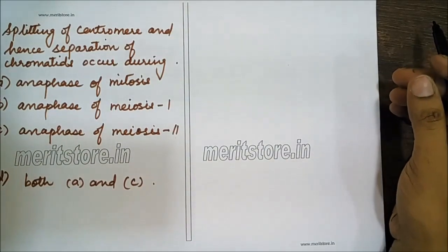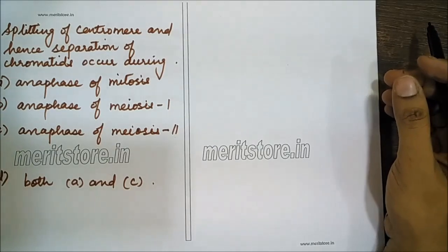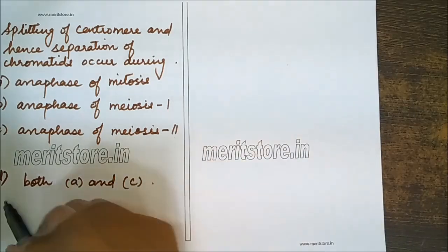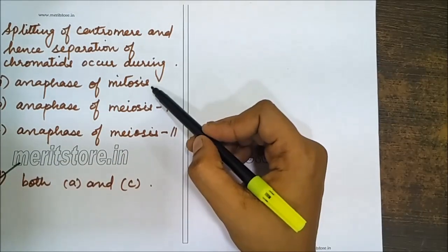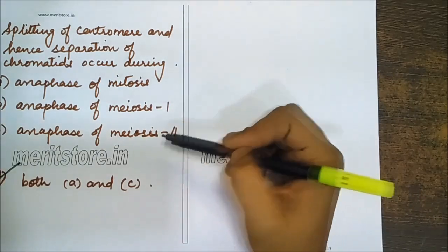Splitting of centromere and hence separation of the chromatids mainly occurs in D. So in anaphase of mitosis as well as it occurs in the anaphase of meiosis too. Next.